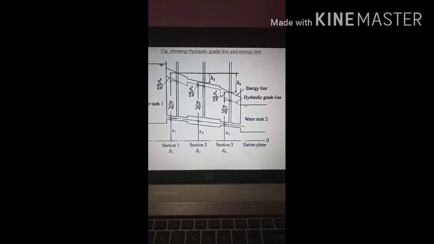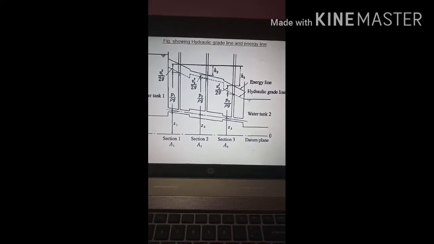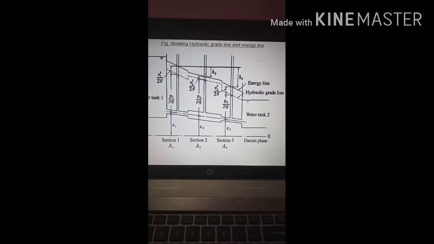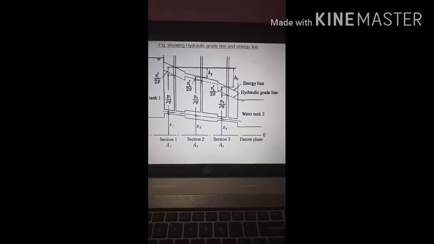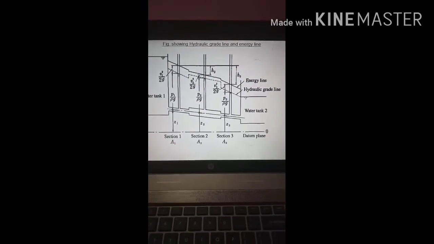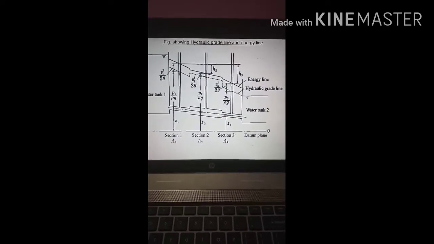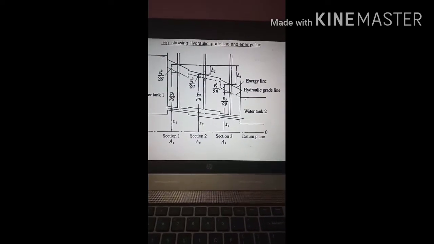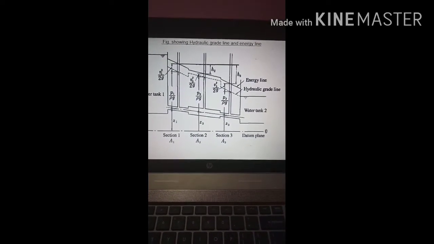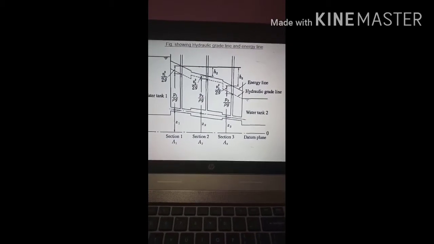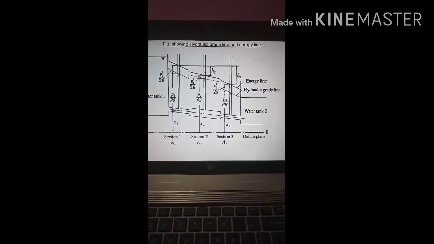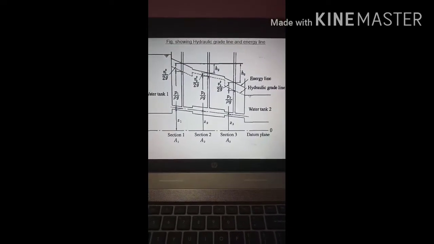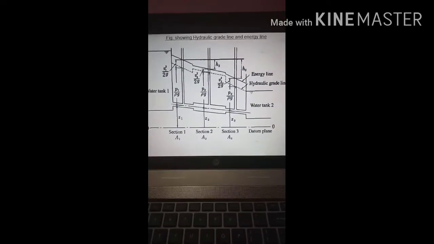If you subtract the loss of head due to these major as well as minor losses, you will see that the energy goes on decreasing from tank 1 to tank 2. That is called the loss of head. So the total energy line and the hydraulic gradient line are nothing but lines showing the energy transfer phenomenon, or the losses of head or loss of energy happening across the flow in the pipe.